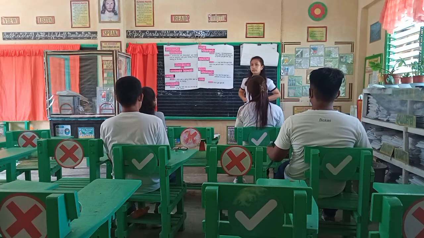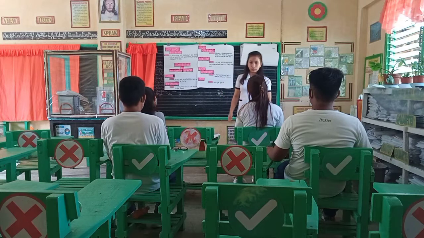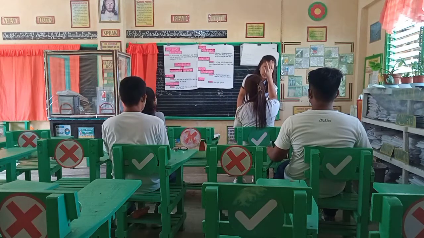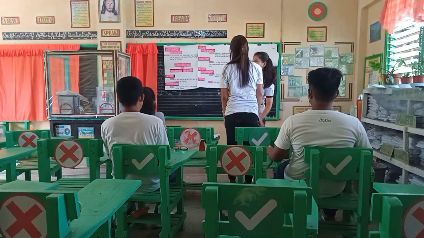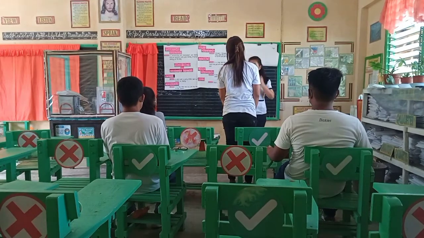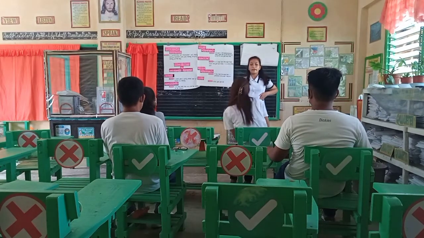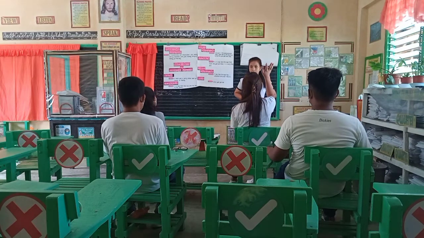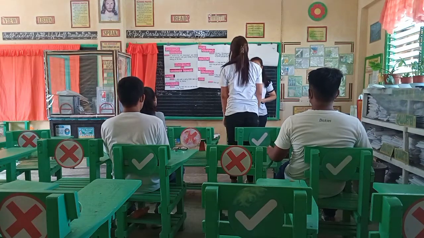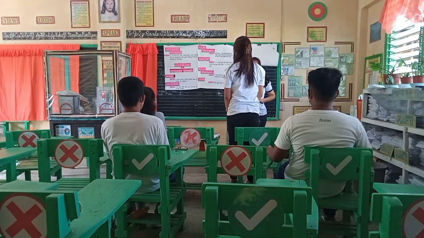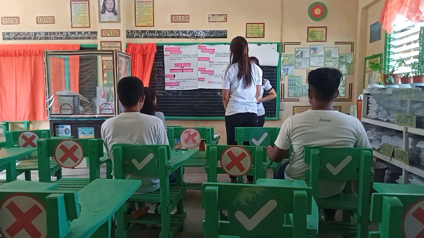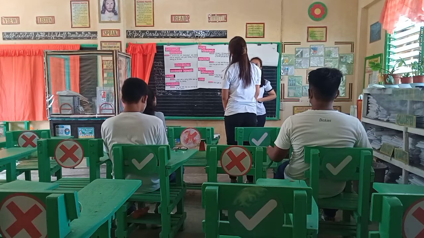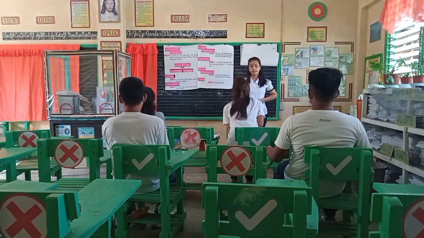Okay, so what did you learn about the lesson? Okay, Miss Charlene. The digestive system and its major functions. Okay, very good. So, what is the digestive system? Yes, Miss Charlene. The digestive system is responsible for breakdown and absorption of nutrients from food, thereby bringing energy for the body.